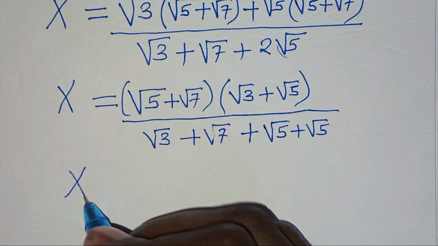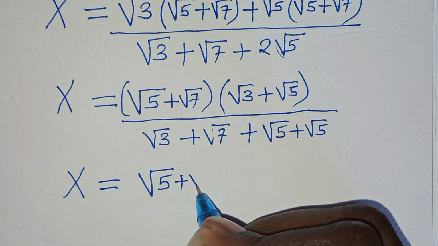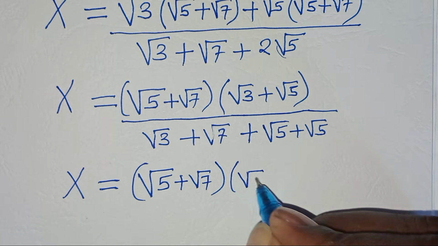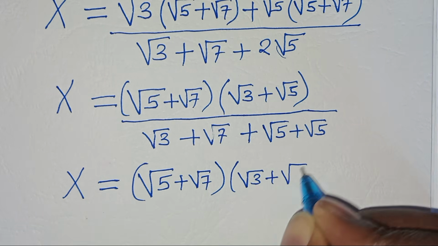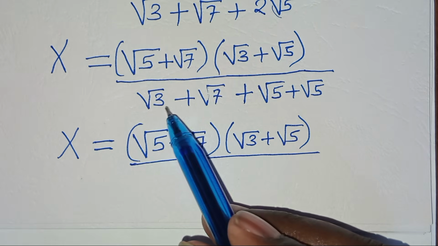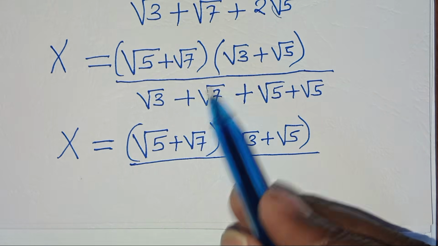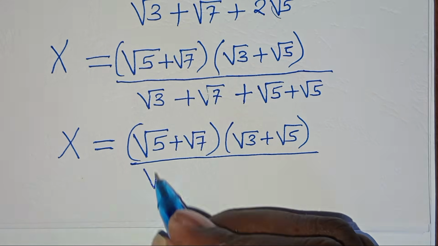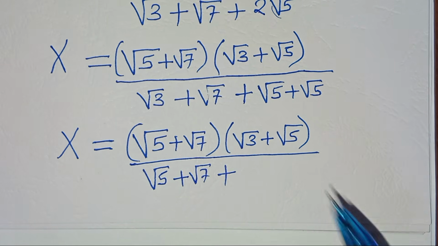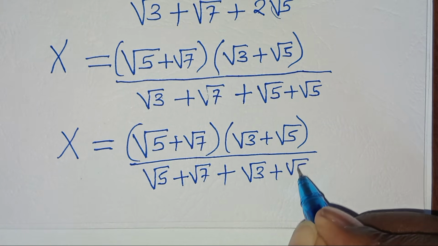Now we have that x is equal to square root of 5 plus square root of 7, in parentheses, then square root of 3 plus square root of 5, divided by, now we can express this as, remember we have square root of 5 here and square root of 3 and square root of 7, so we have square root of 5 plus square root of 7 plus square root of 3 plus square root of 5.